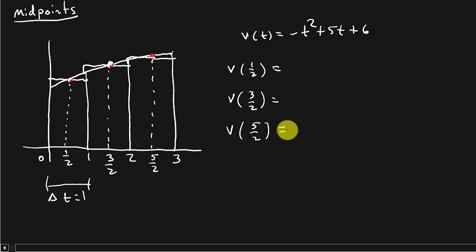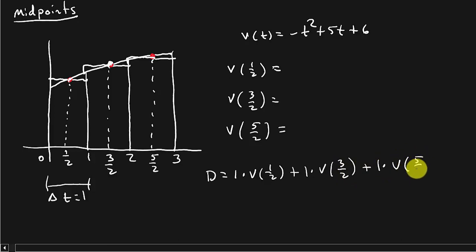So what I'll do is I'll just write the distance is equal to 1 times v of 1/2 plus 1 times v of 3 halves plus 1 times v of 5 halves.